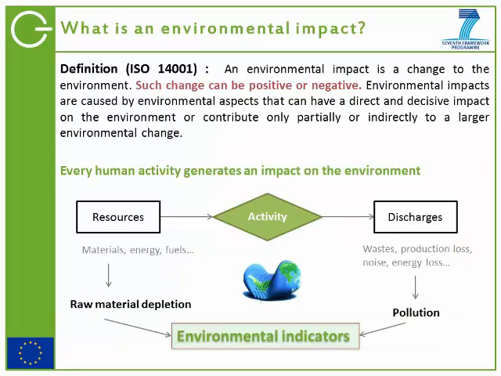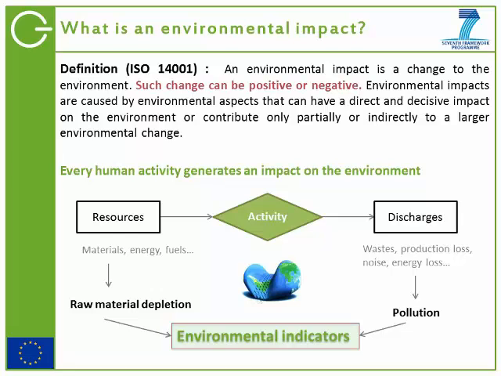So, what are we assessing exactly during an environmental assessment? We are evaluating the impact an activity has on the environment. As defined by the ISO 14001 standard, an environmental impact is a change, positive or negative, on the environment due to the realization of an activity. This impact is measured using environmental indicators.